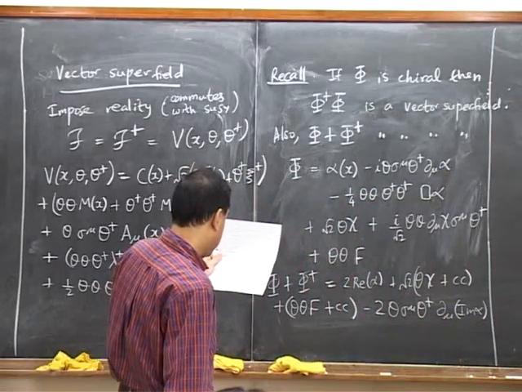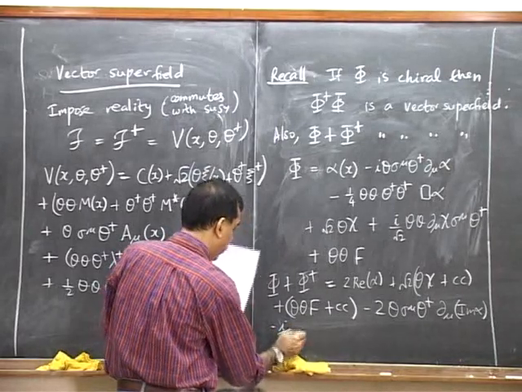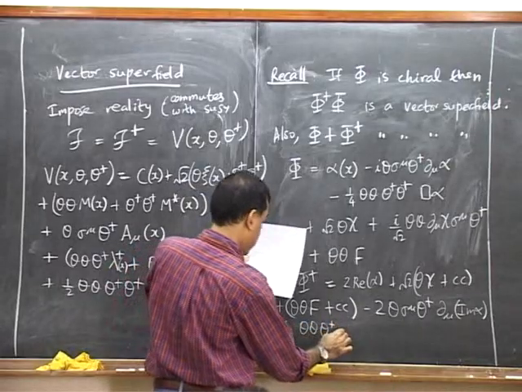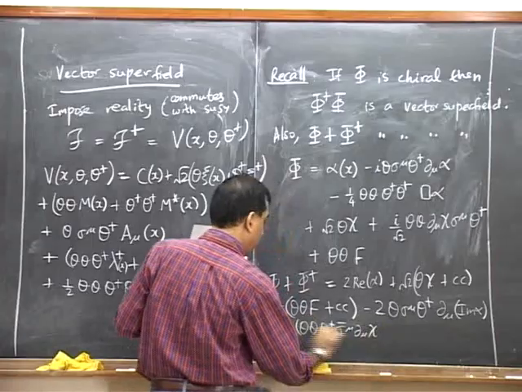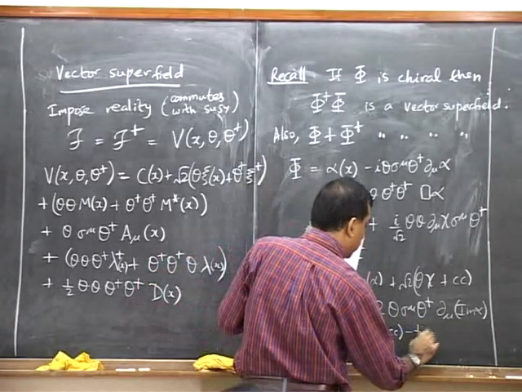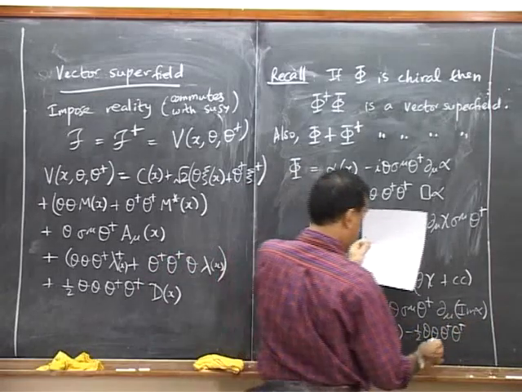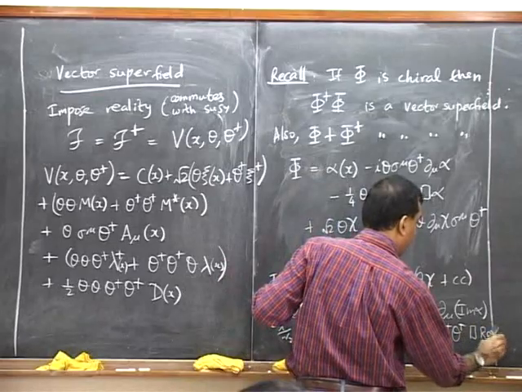Then we continue writing this, which is sort of tedious, minus i by root 2 theta dagger sigma bar mu del mu chi plus Cc. And finally, the last or D term of this superfield, and we see that it actually is box of real part of alpha.